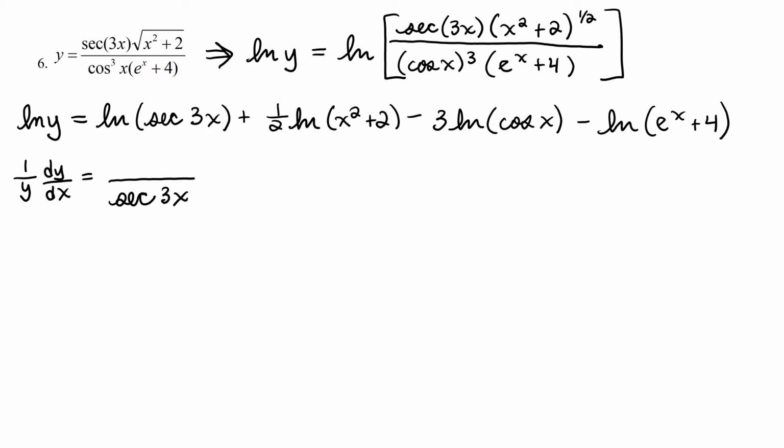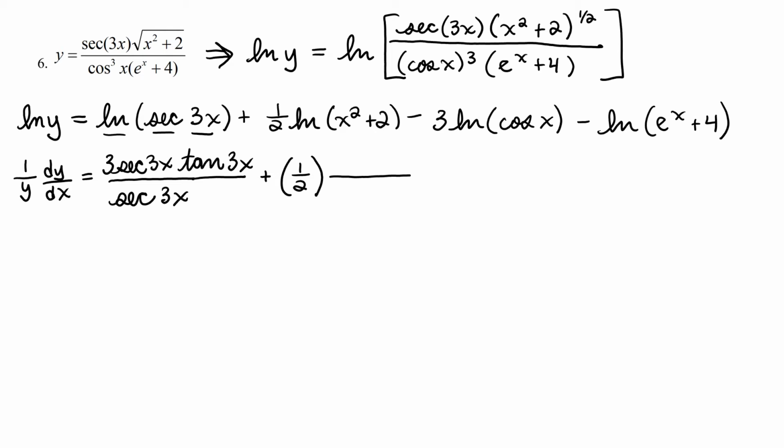The derivative of secant 3x will be secant 3x tangent 3x, and then times 3 using that chain rule for our third layer, which is the derivative of 3x, plus 1/2 times the derivative of natural log of x squared plus 2.